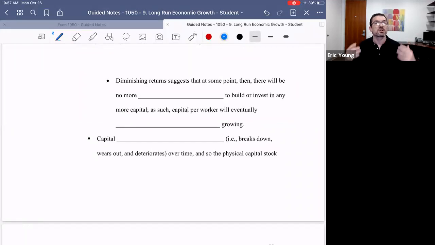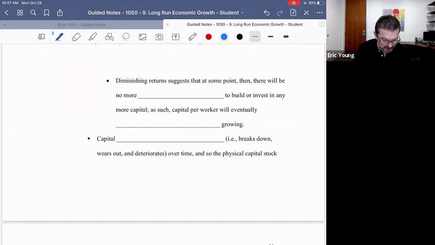So to go back to our big picture, we're talking about the factors that influence productivity, that influence economic growth. We know that physical capital is one of them, but that is subject to a really strong constraint, and that constraint is diminishing returns, okay?